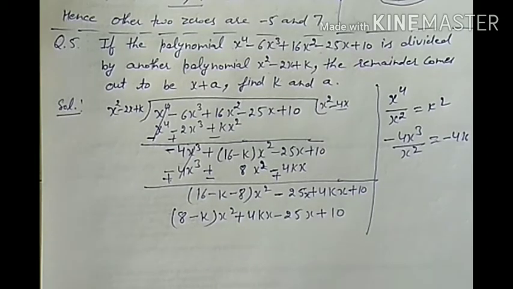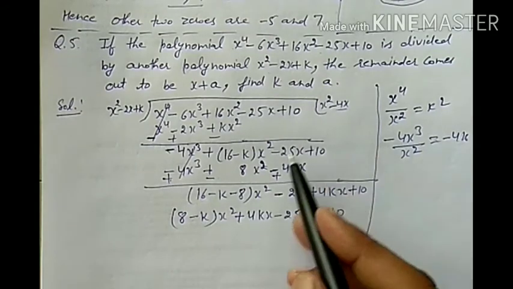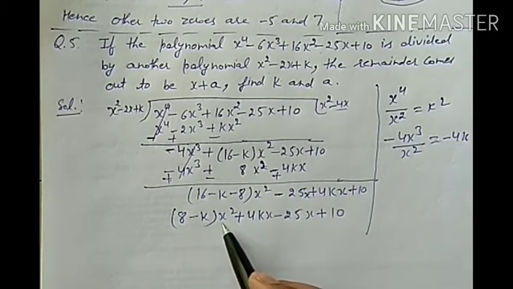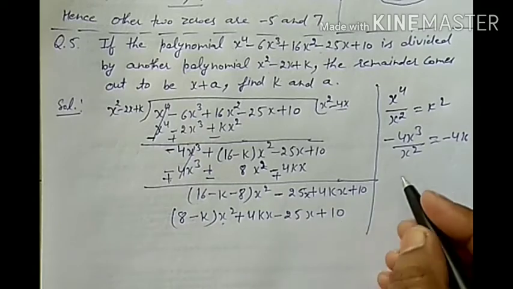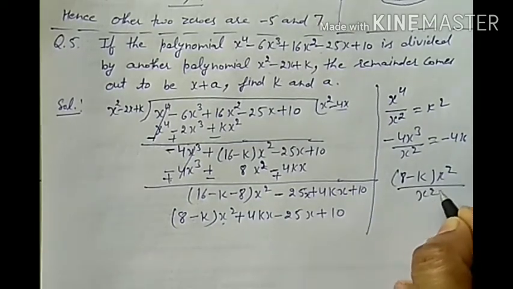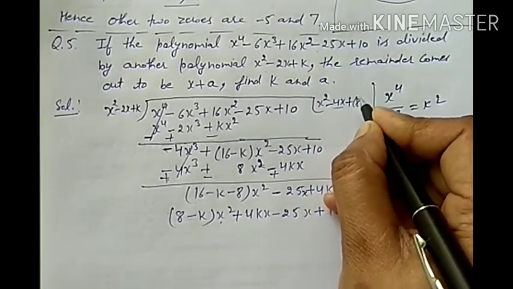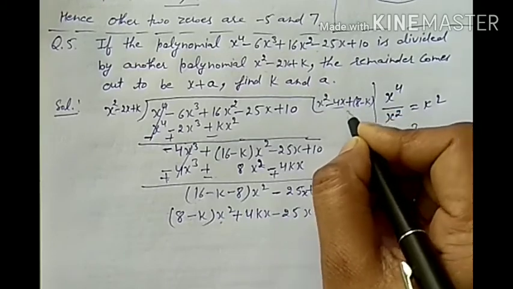So now for the third term in the quotient, again the highest power term is 8 minus k x square divided by x square. So we get 8 minus k. So this will be the third term in our quotient, 8 minus k.